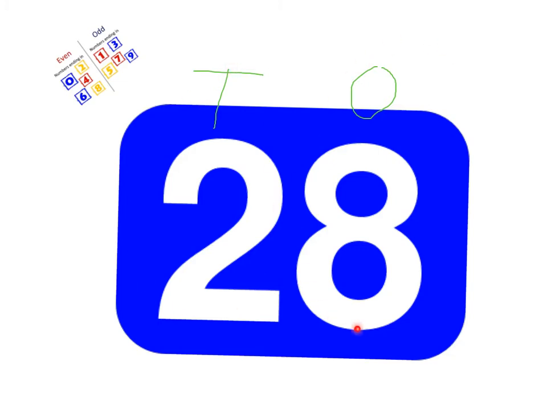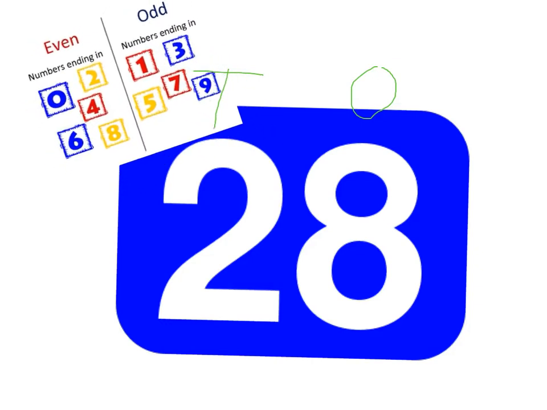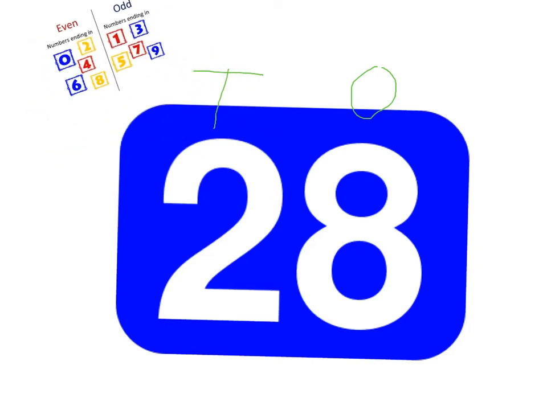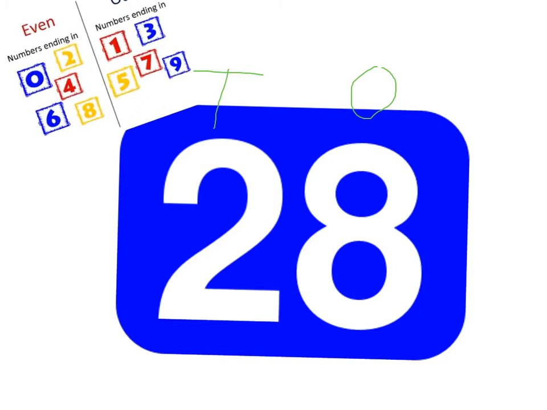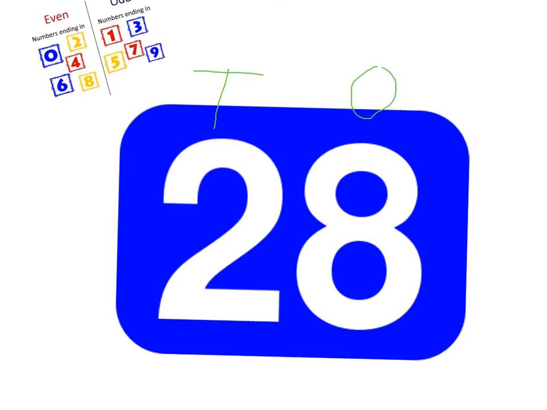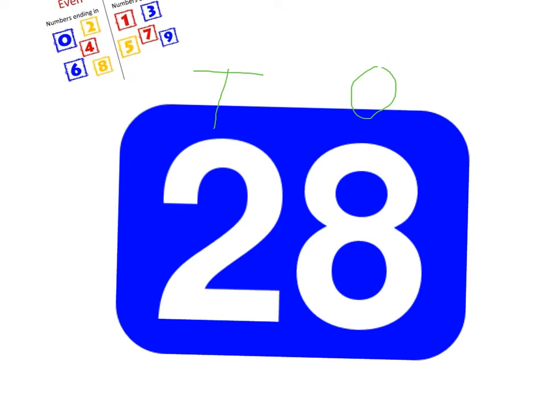The number in the ones column is the number 8. And if we remember our poster from before, the number 8 is even. So the number 28, 2 tens and 8 ones all together, is even because it ends in a number that is even. It ends in 8.